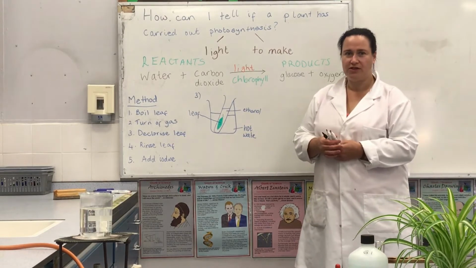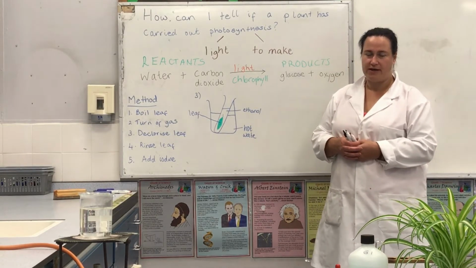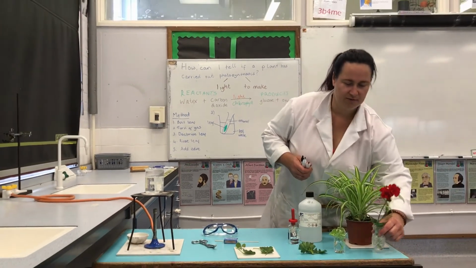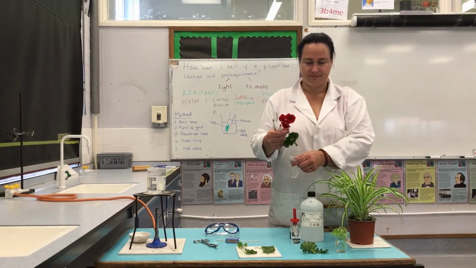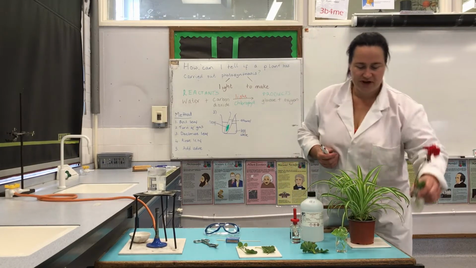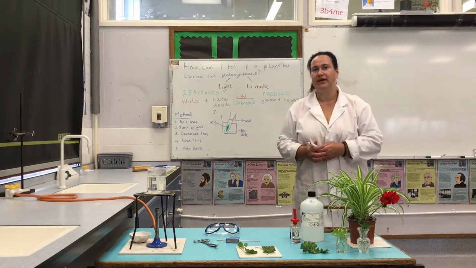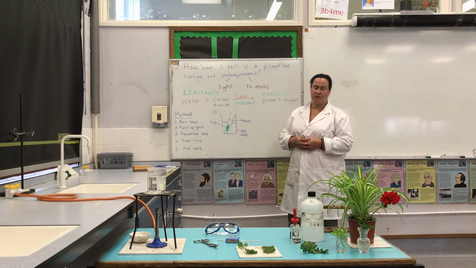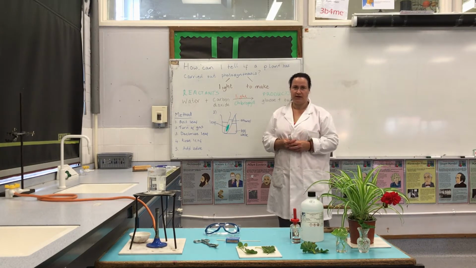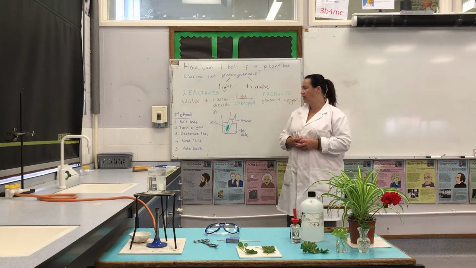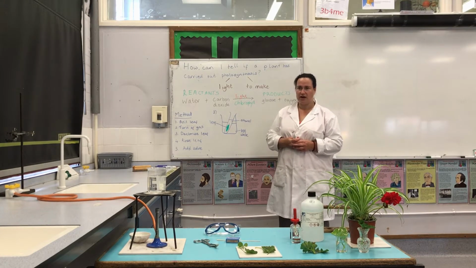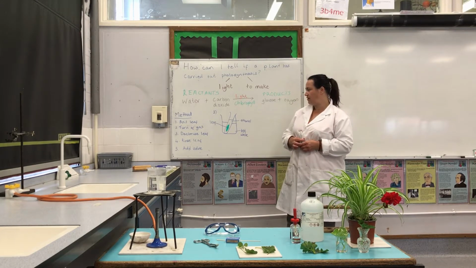Okay, what I'm going to do is take a leaf from a geranium plant, which you might recognise from the school garden. And first, I'm going to boil it. That's going to kill the leaf and stop all chemical processes in the leaf. Then I'm going to turn off the gas and I'm going to remove the green colour from the leaf.